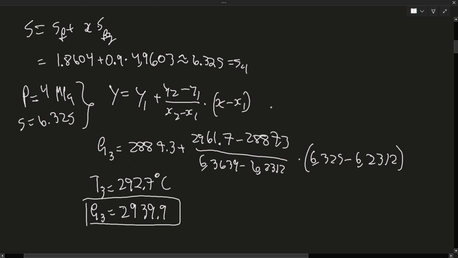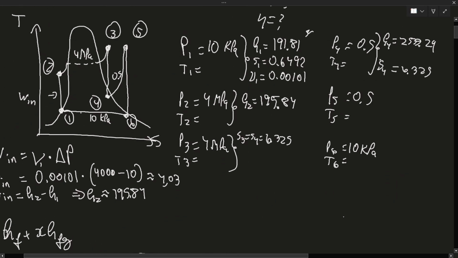So we're going to write that in our table. T3 is 292.7 and H3 is about 2939.9. That's it. You're going to do the exact same thing with point 6, because you see here that point 6 and point 5 have the same S, the same entropy.